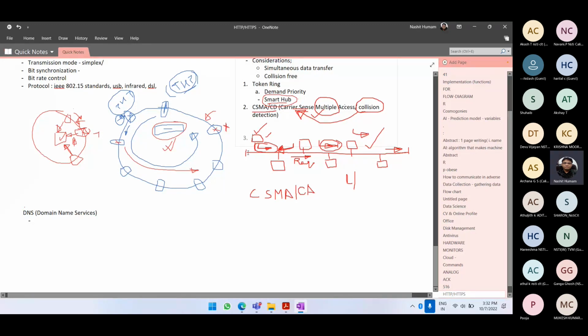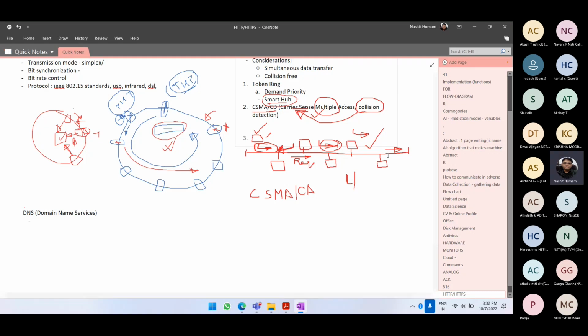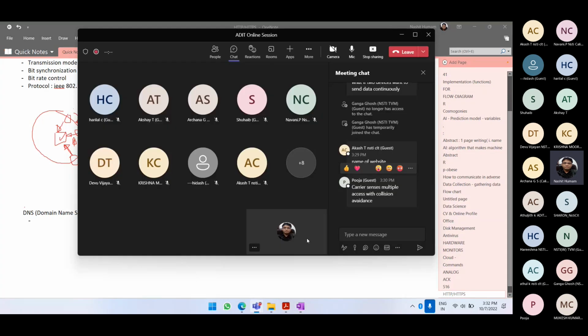The whole line would be left free. Now again, multiple devices would start putting their carrier signals, and that process starts again in the same manner. So that is how this CSMA/CA technology works.